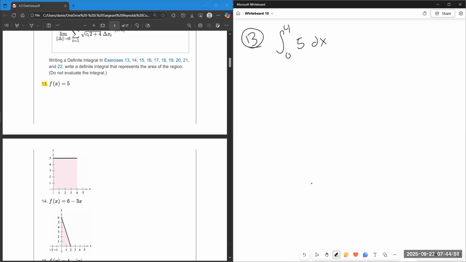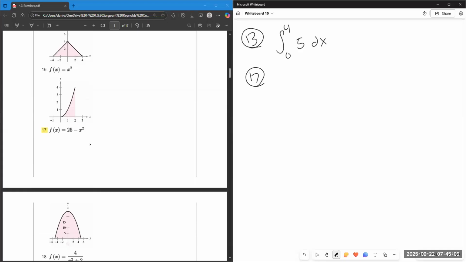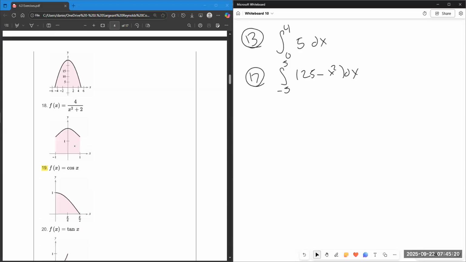I have number 17: negative 5 to 5, and our f of x is 25 minus x squared dx. And then 19 is 0 to pi over 2 of cosine of x dx.